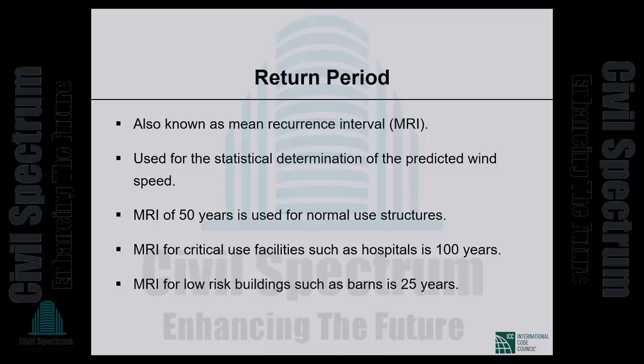The use of the 100-year return period wind for hospitals and so forth is mandatory, but the use of 25-year return period wind for unimportant structures is permitted, not mandatory. You are allowed to do it, you don't have to do it.